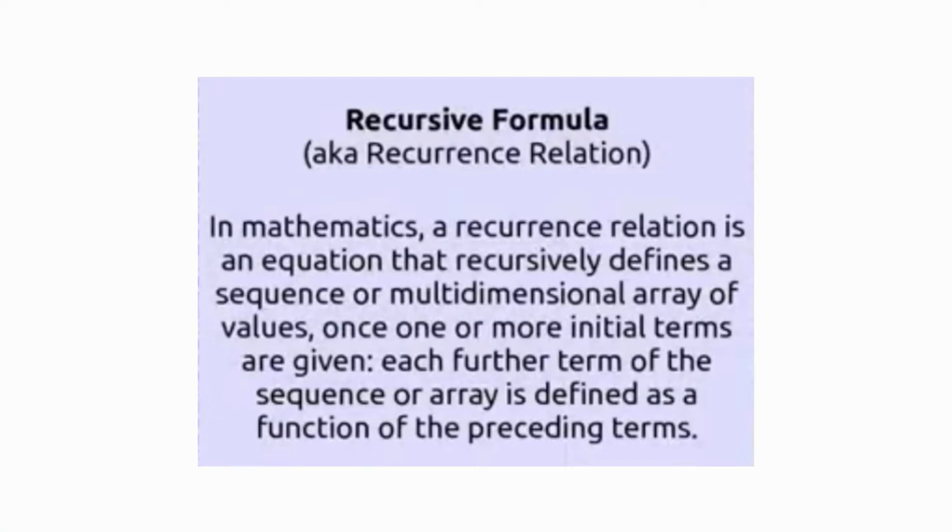Based on Wikipedia, in mathematics, a recurrence relation is an equation that recursively defines a sequence or multi-dimensional array of values. Once one or more initial terms are given, each further term of the sequence or array is defined as a function of the preceding terms.